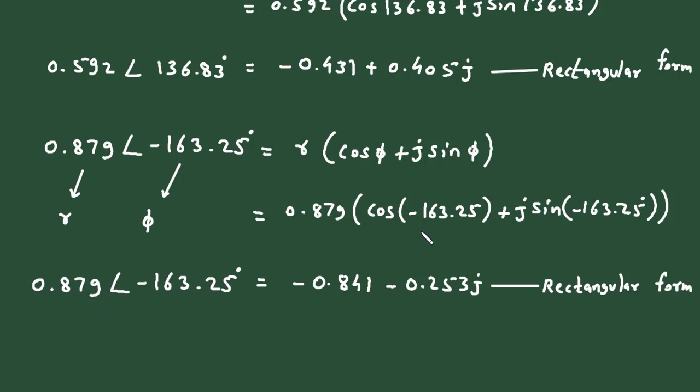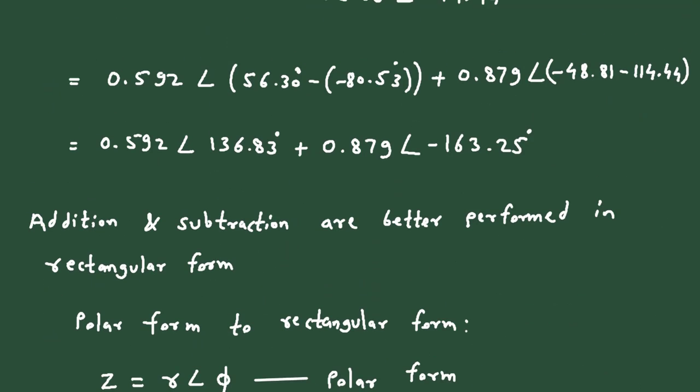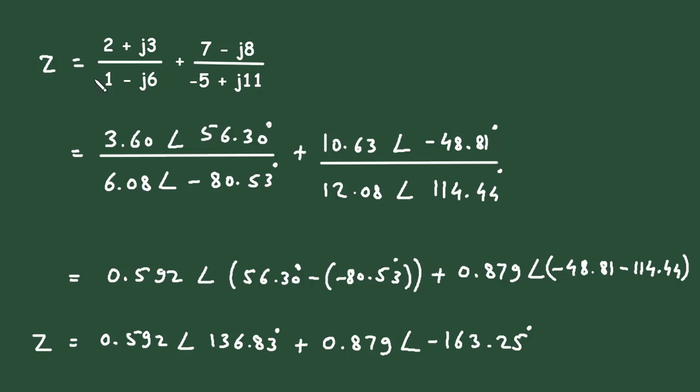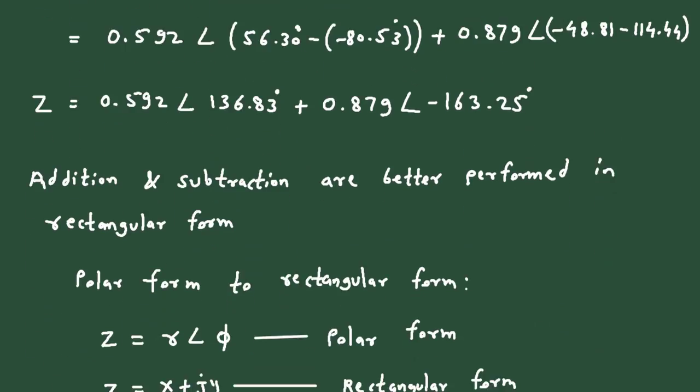Now we got both the polar forms in rectangular form. So this is the value of z we are considering, and when we simplified it we got this value. Now we will further simplify this.